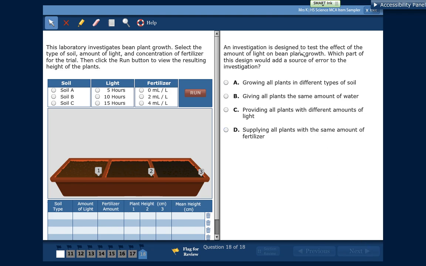This is the last question. An investigation is designed to test the effect of the amount of light on bean plant growth. Which part of this design would add a source of error to the investigation? So again, what would cause this investigation to be flawed a little bit, to not be trusted?